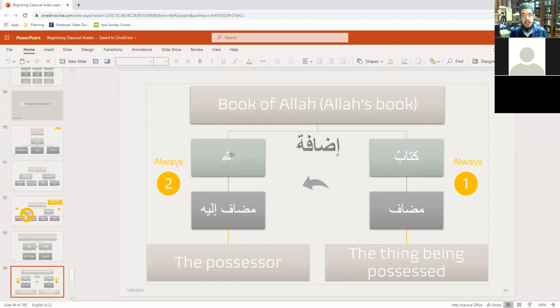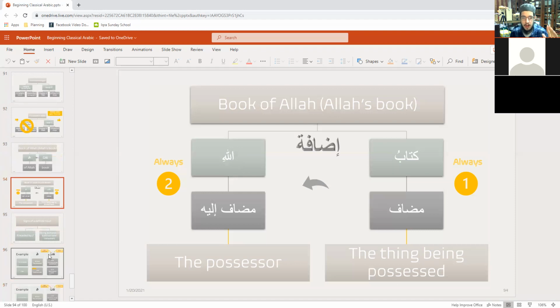It's never going to be kitabullaha. Ever, ever, ever. Because this kasra on the end of Allah tells us in Arabic that Allah is possessing the noun that came before it. Without that kasra, the sentence means something completely different. That's the first thing that has to be there always.